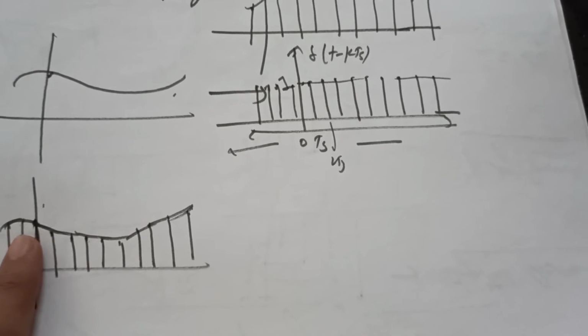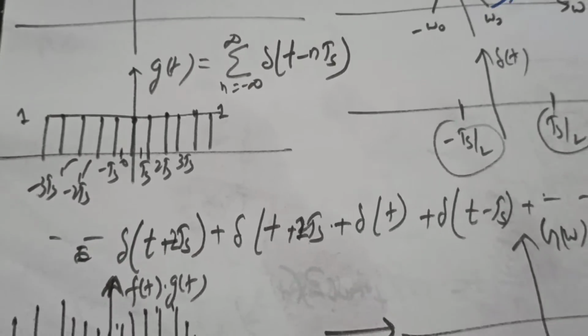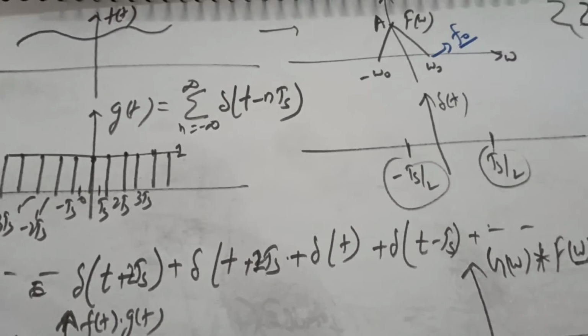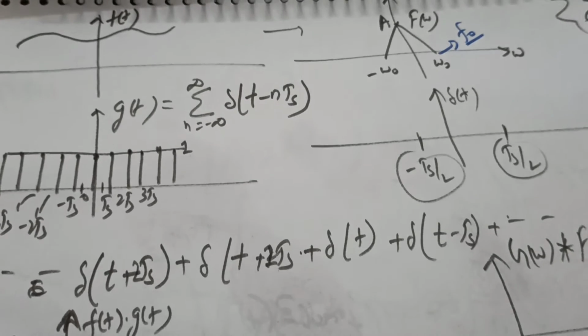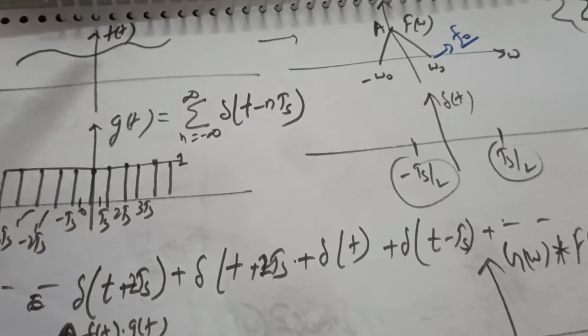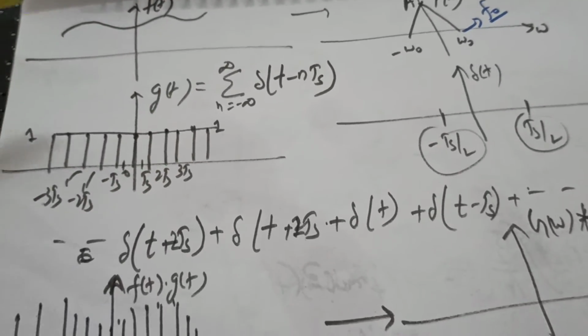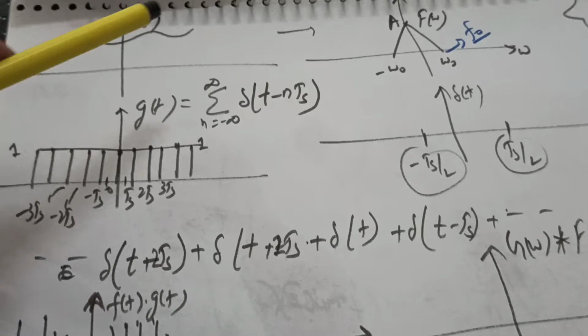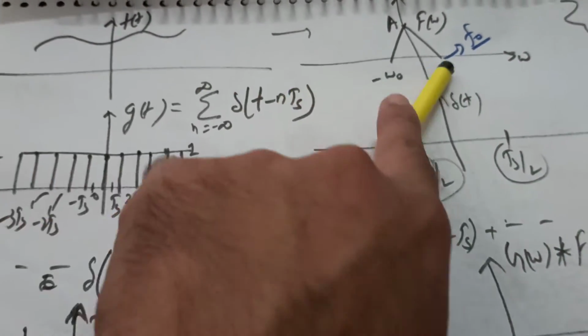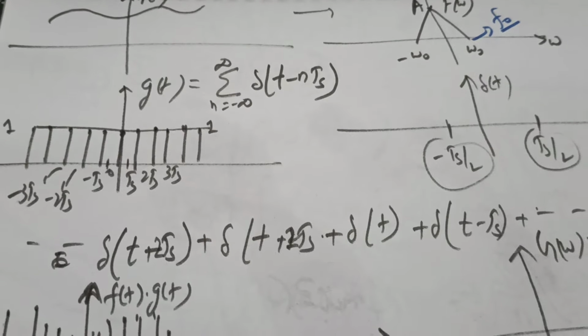After that we studied how to obtain the frequency components of the sampled signal. Okay, so what we did was that again the sampling was carried on, and this is the Fourier transform of the signal to be sampled.